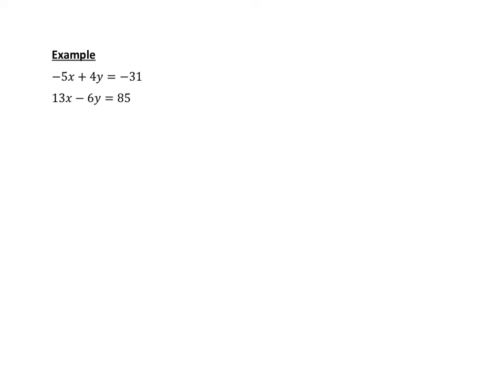Okay, here we're going to have a little bit more work to do. We've got negative 5x plus 4y equals negative 31. 13x minus 6y equals 85. And I want to get something to cancel. Here we're actually going to have to multiply both the top and the bottom to make them look similar.